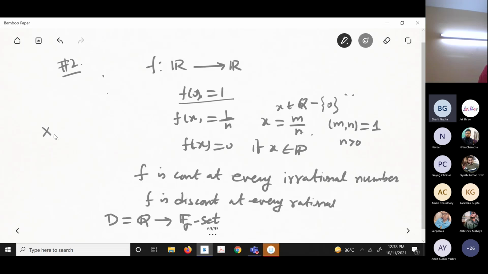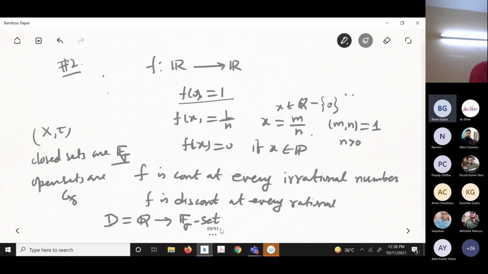For any topological space, closed sets are, by definition, F sigma. Okay, right? And similarly, open sets are G delta. So until now, in whatever examples you saw, D has to be an F sigma set. Okay, that is exactly what I want to prove.